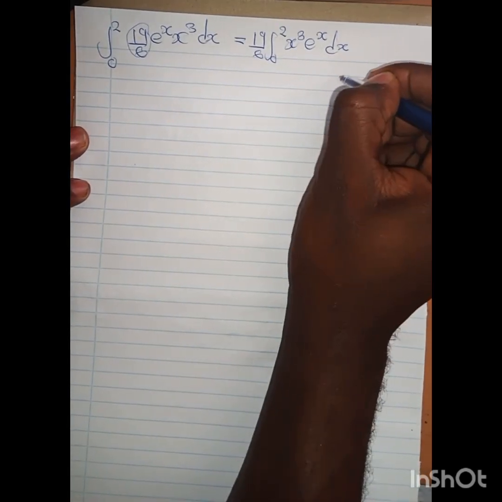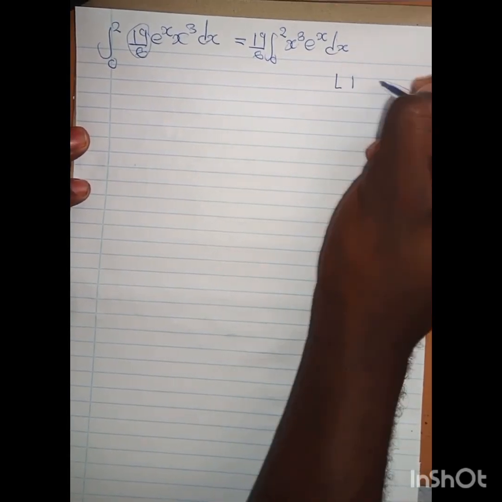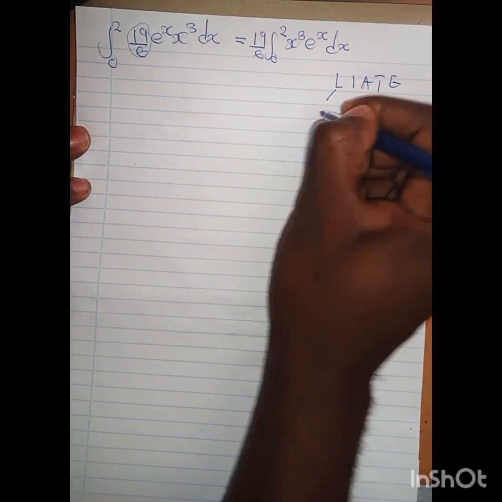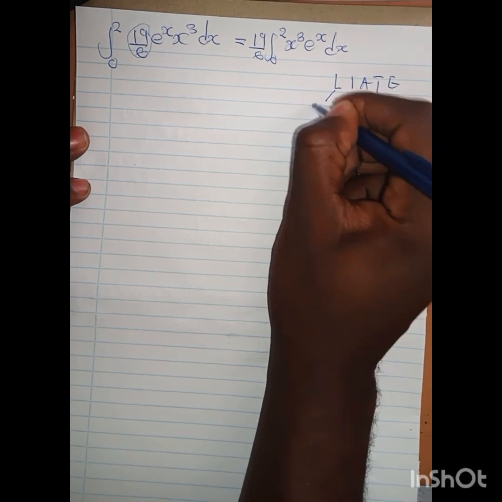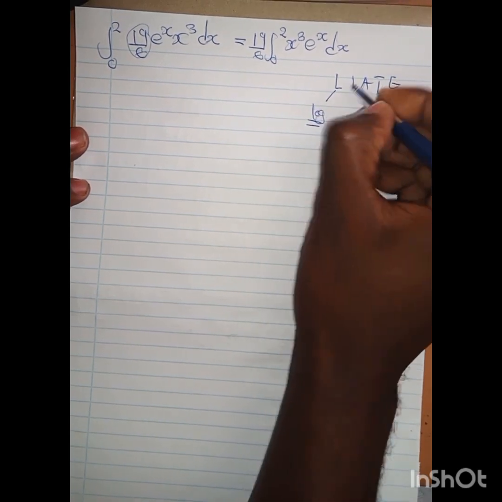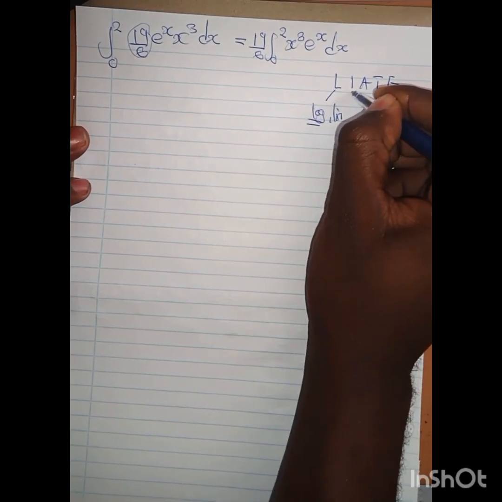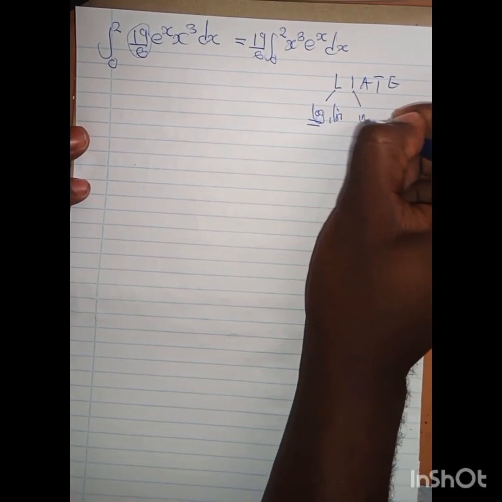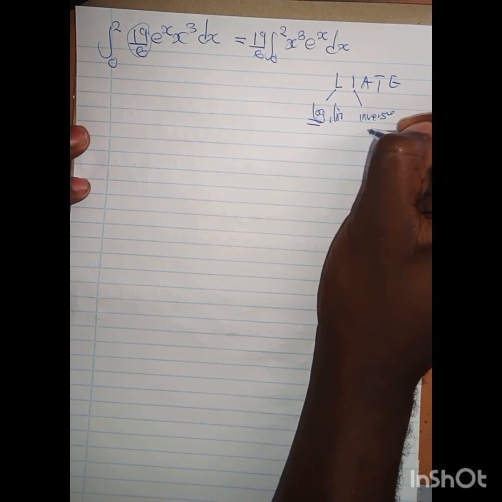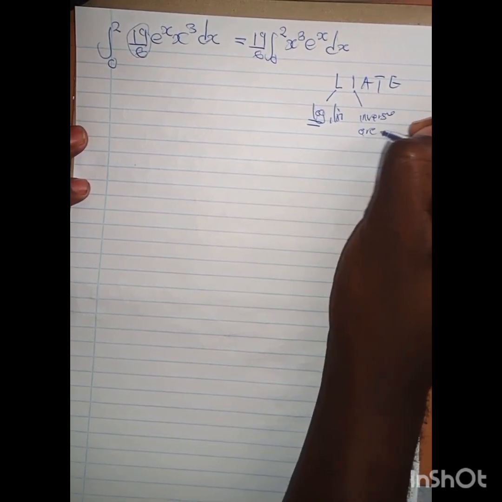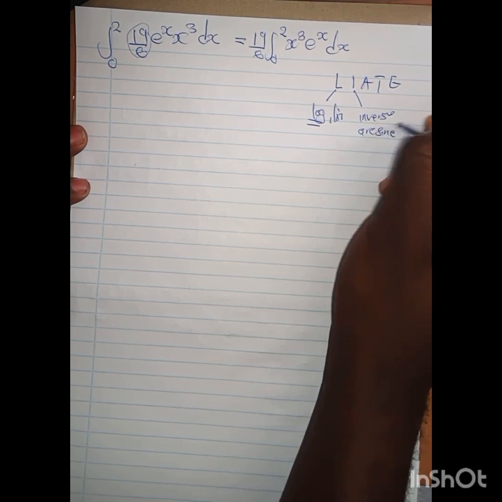Remember, we have this rule where L, this one, is our logs. We have logs like ln, then I is the inverse. So we can have the inverse or the arcsine, the arccos, and many more.